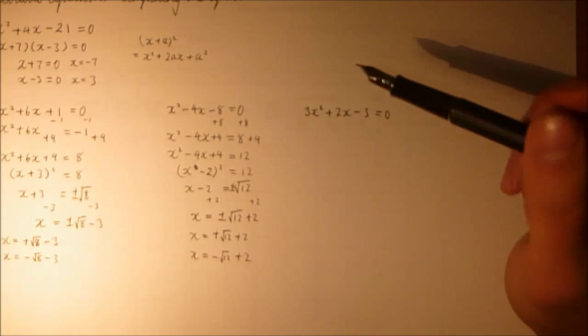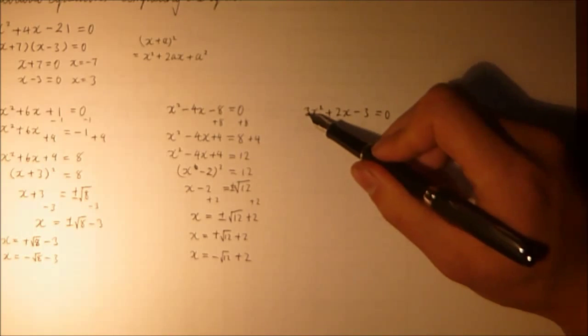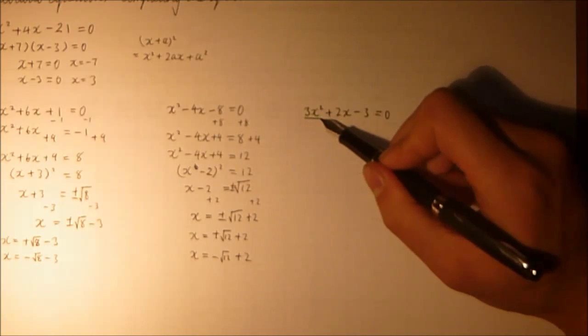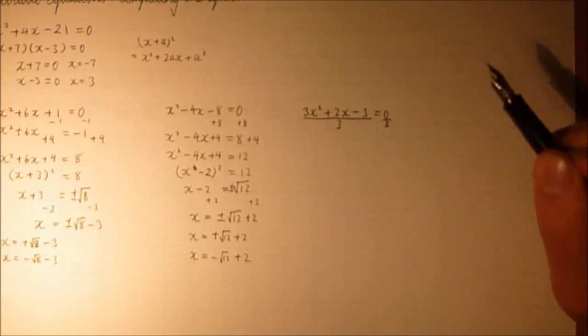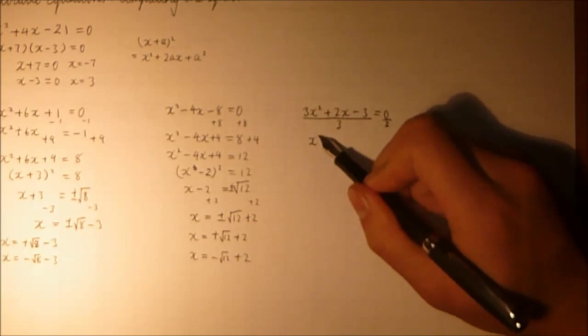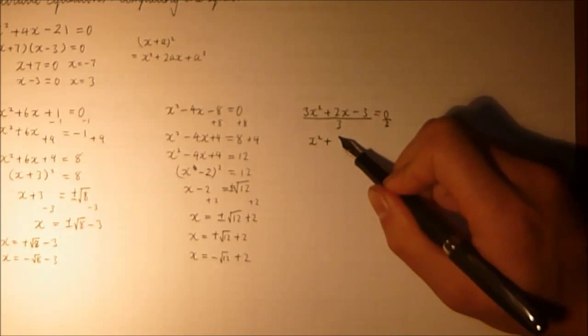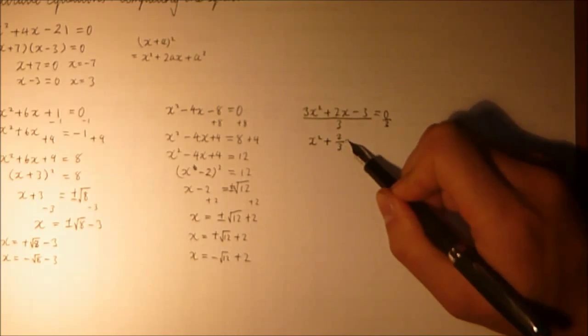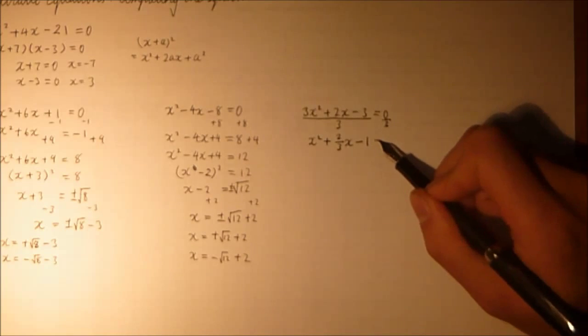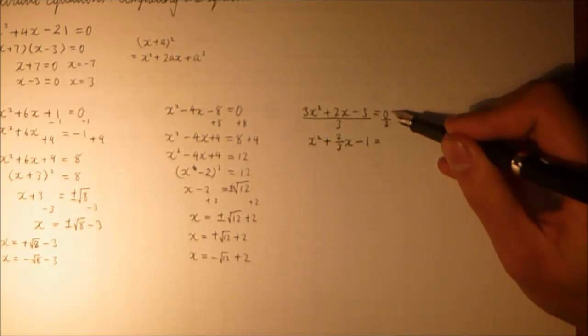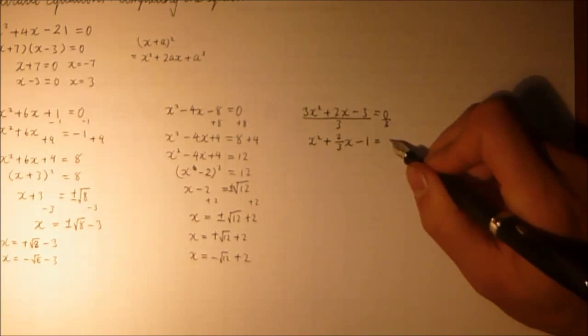So what we can do is divide everything by the coefficient of x squared. So we divide everything by 3. We end up with x squared plus 2 divided by 3, which is 2 over 3 x, minus 3 divided by 3, which is 1. And luckily enough, 0 divided by 3 is still 0.